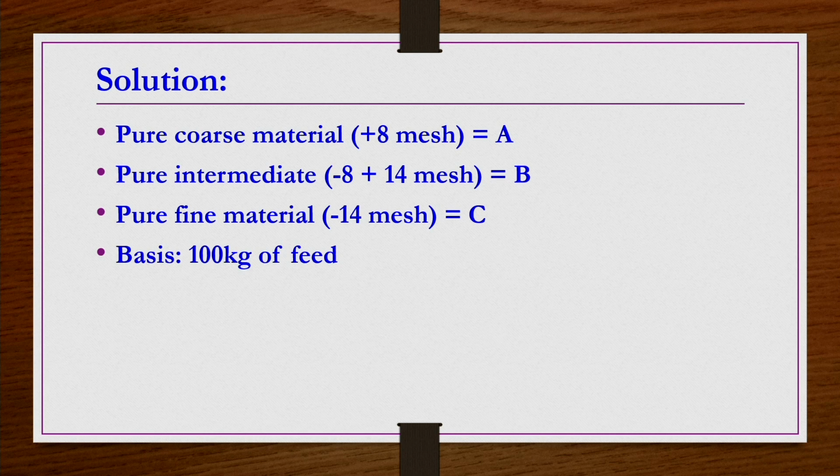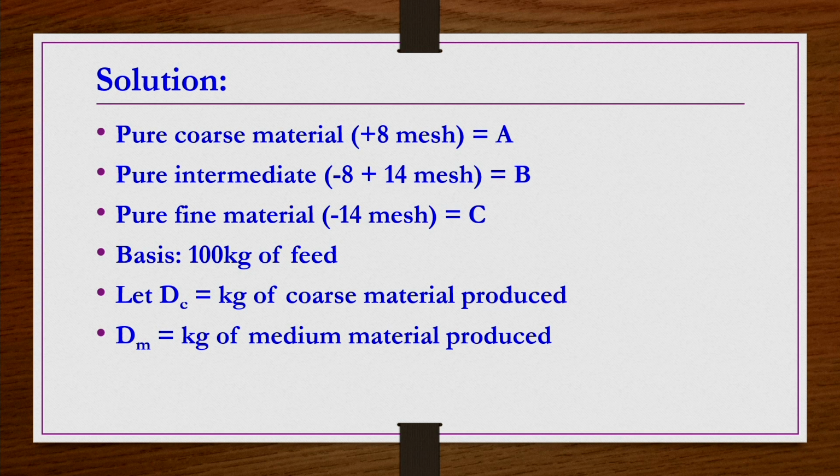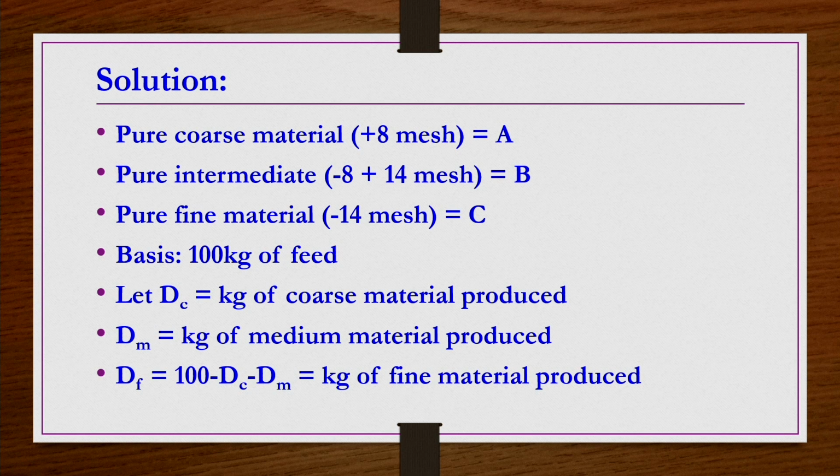Now coming to the weights, take 100 kg of feed, and let DC be the coarse material produced in kgs, DM the medium material produced, and DF the fine material produced, which is nothing but 100 minus DC minus DM.